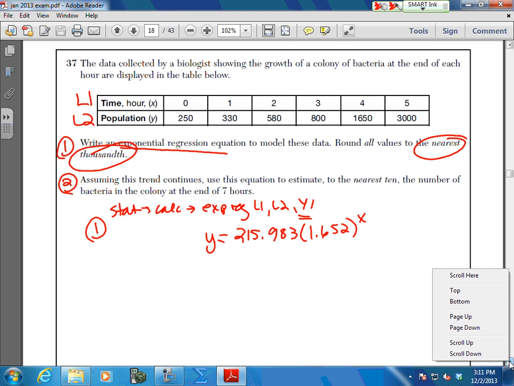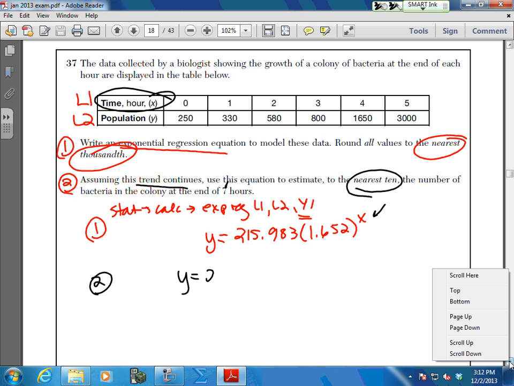Now, the second part of this says, assuming this trend continues, using this equation, find to the nearest 10 the number of bacteria after 7 hours. Hours is your x value. There's your x value. You want to substitute that 7 in.